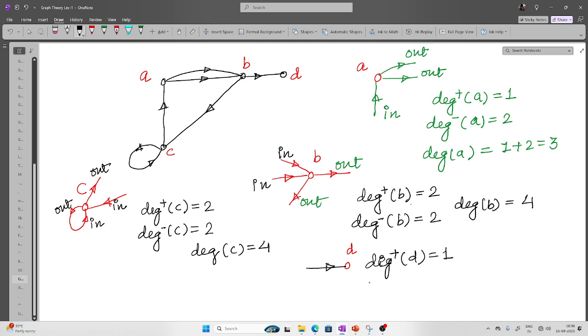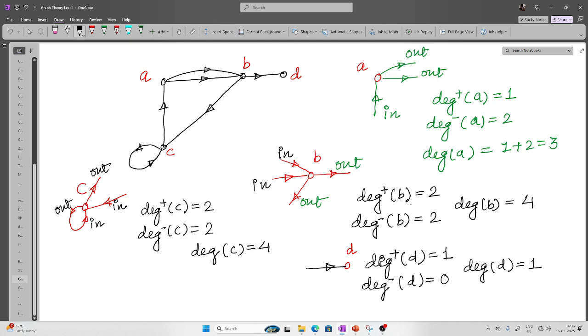As no edge is going away, the out degree for this vertex will be 0, and the total degree for vertex D will be 0 plus 1, that is 1. In this way you can evaluate the in degree, out degree and total degree for the vertices of this graph.